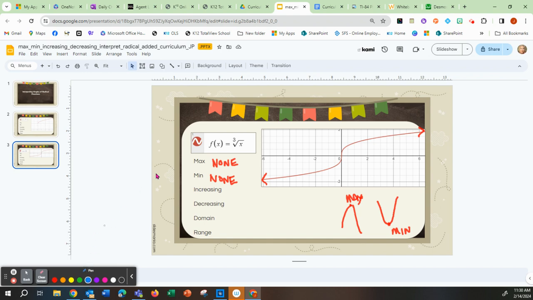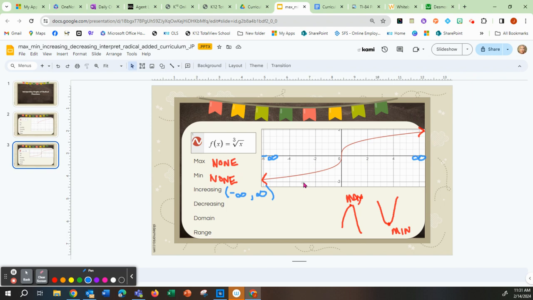But this graph is increasing. If we look from the left to the right, it is continuing to rise throughout that whole entire interval. So we're increasing from negative infinity all the way to positive infinity. When we're looking at increasing and decreasing, we have to look from left to right.